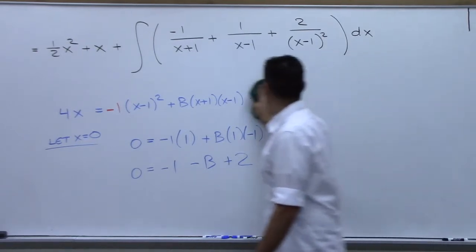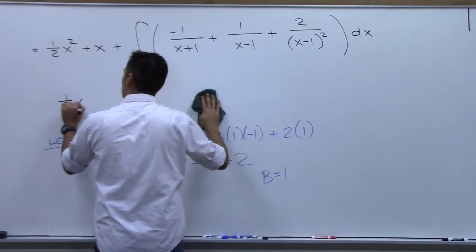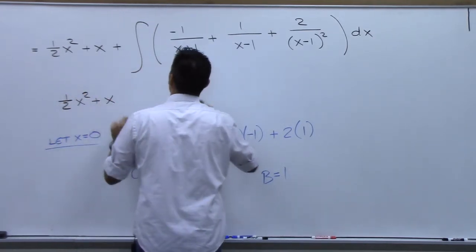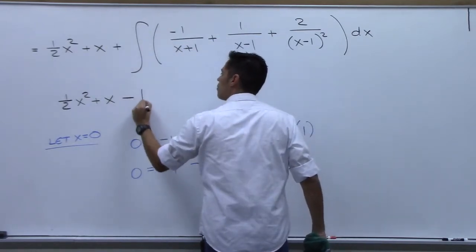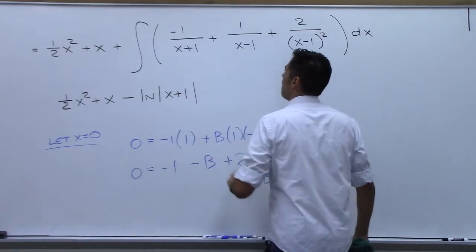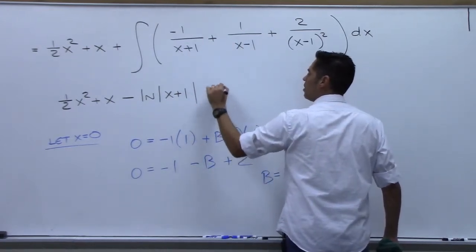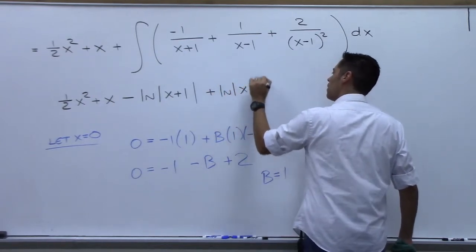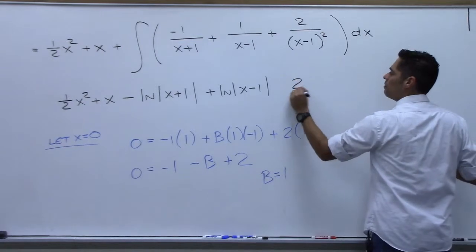So let's see if we can spit this answer out. We have 1/2 x squared plus x. The negative is going to pop out. Natural log of absolute x plus 1. This one, you don't need to pop anything out of, so plus just natural log x minus 1. And then on this one, the 2 is going to come out.